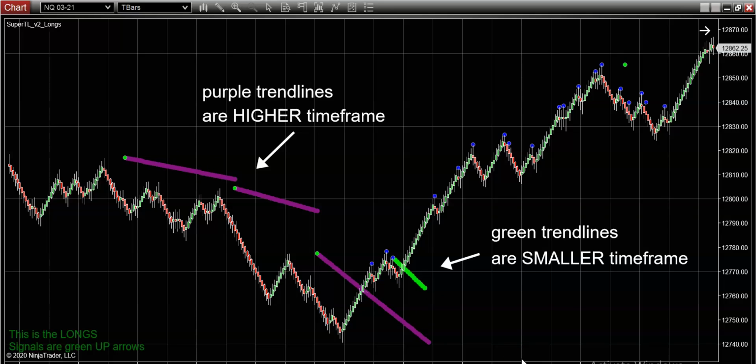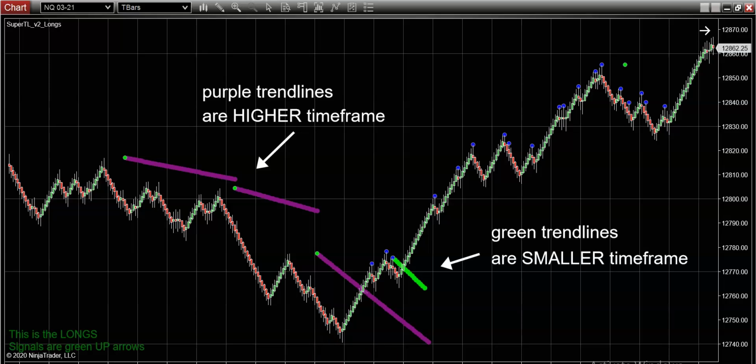You don't take any trades, you're just looking out. And only when you see the green trend lines, then and only then, once you have received the confirmation, or I should say confluence, from a smaller time frame chart, then and only then do you even think about taking an entry into the trade.